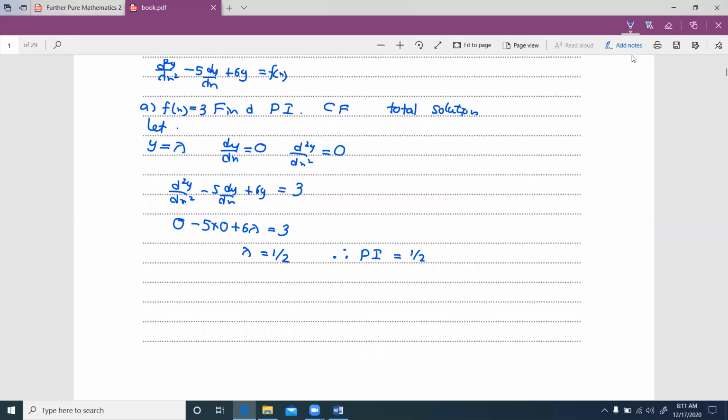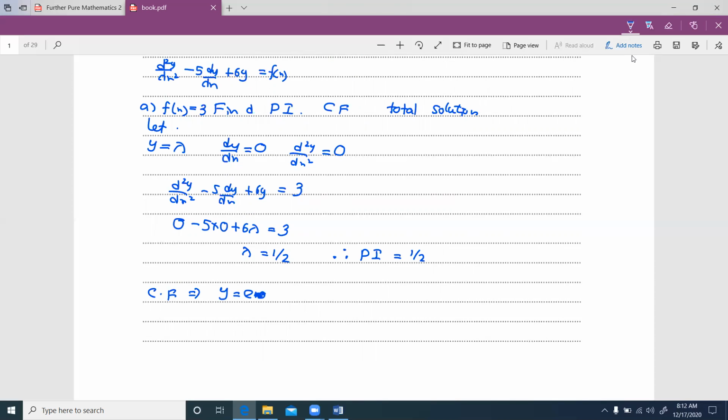This is the particular integral. Now I'm going to find the complementary function. The equation is d squared y by dx squared minus 5 dy by dx plus 6y. To find the complementary function, I will take y equals e to the power mx.